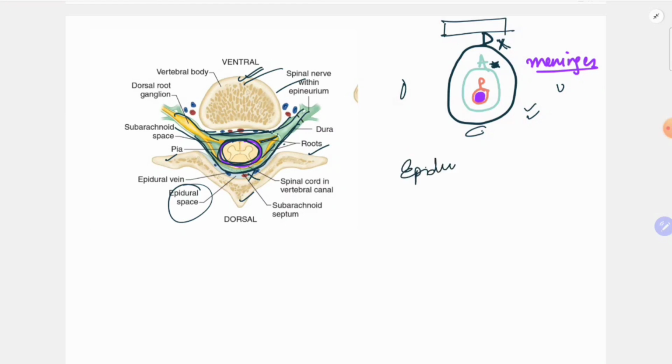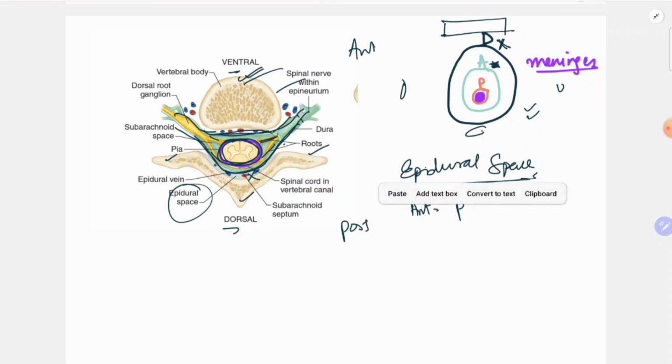Now epidural space is a circumferential space outside of dura, but it has its relations. This is anterior, like ventral, this is posterior or dorsal. So anteriorly you have the posterior longitudinal ligament.